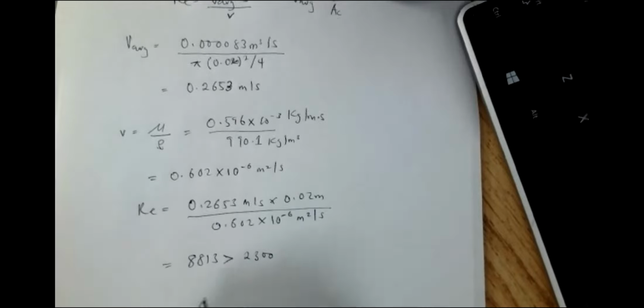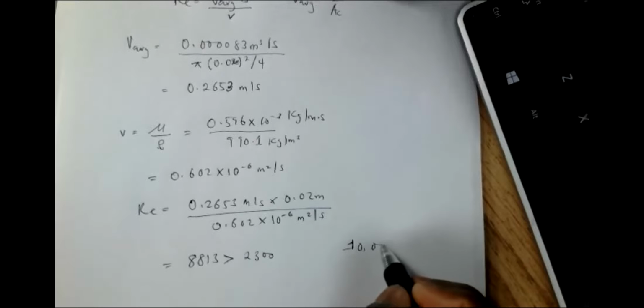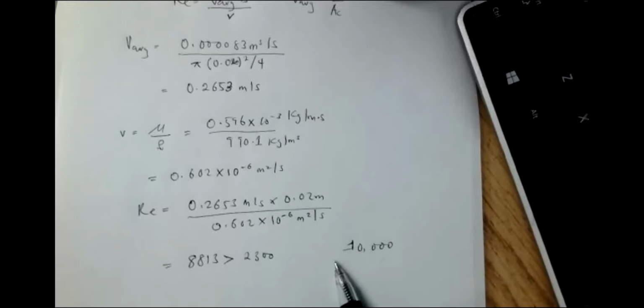It's way past the transition stage, and no, it's in the transition stage because it's still less than 10,000. Because this is the point where we know it has fully achieved turbulence. So it is in that transition stage.